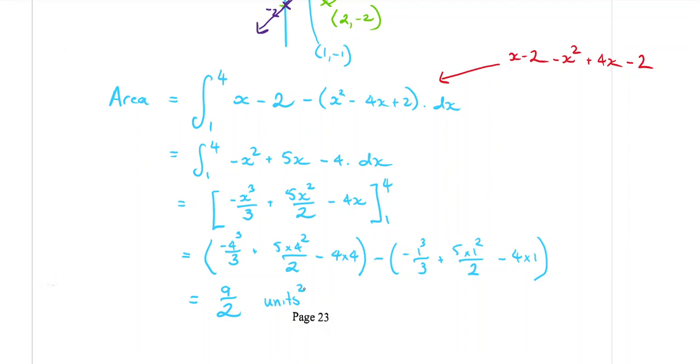It's just the way you read them. I think it's because when you read it off your graph, I'm going from 1 to 4. You always do the smaller number first. So when you read it, the correct way to read it is that I'm integrating from 1 to 4. But when you write it, that means you're doing the bottom and then the top. 1 to 4, 1 to 4.